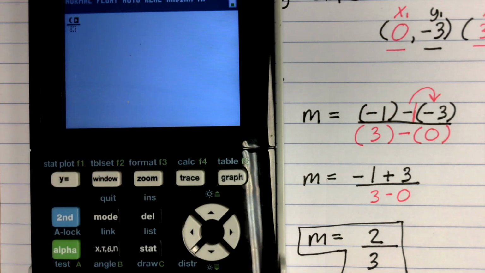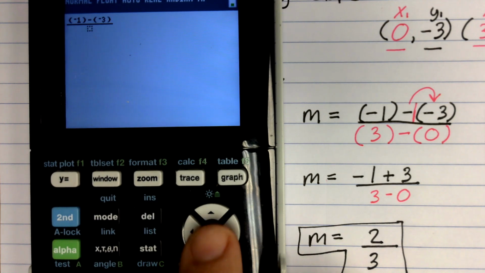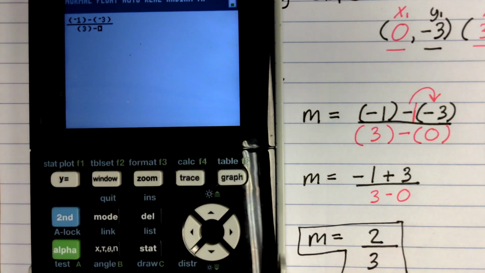I'm going to put my parenthesis, and I'm going to put -1, close parenthesis, and then it's going to be minus parenthesis, -3, close parenthesis. And once I get done with that, I'm going to click down to get into my denominator and put in parentheses 3 close parenthesis minus parentheses 0 close parenthesis. And when I hit enter, notice it's going to give me the same thing, 2 over 3.